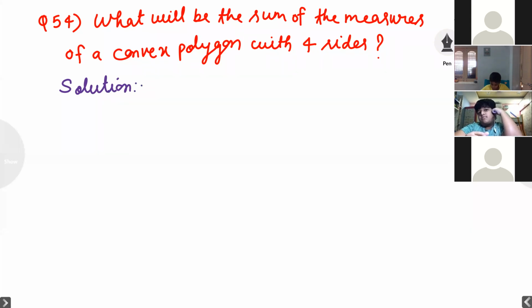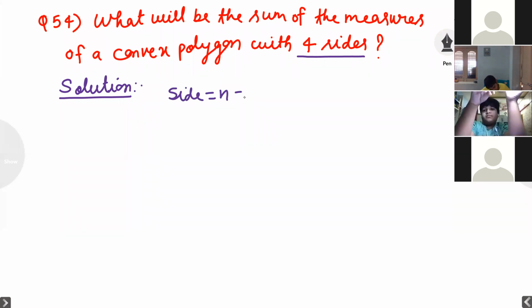Now n is equal to 4. I want to find the sum of measures of the convex polygon, which means the interior angle of the polygon. Now the polygon here is a quadrilateral.